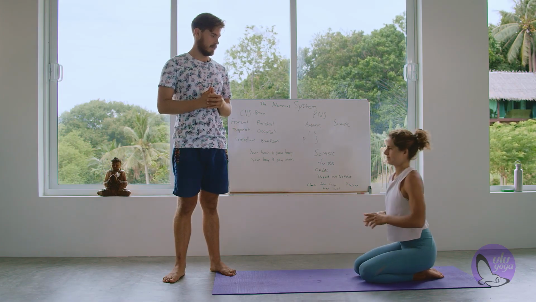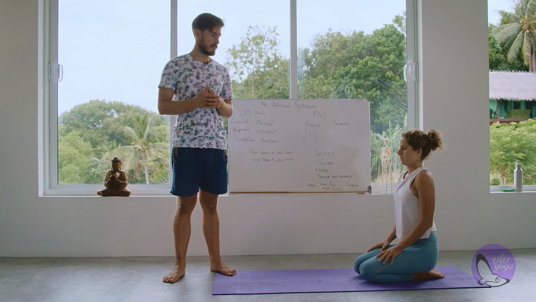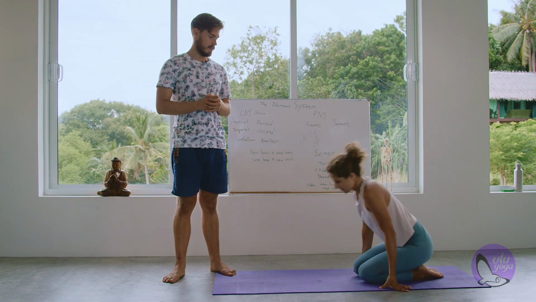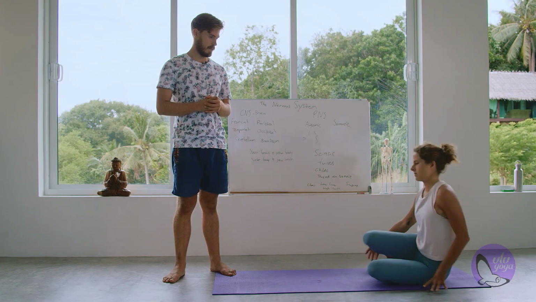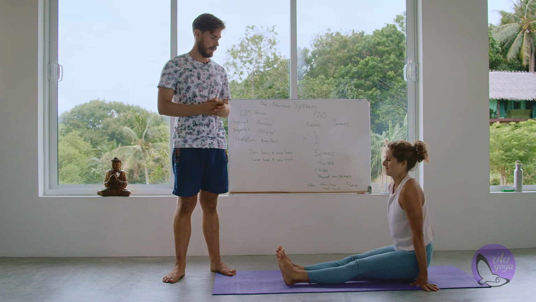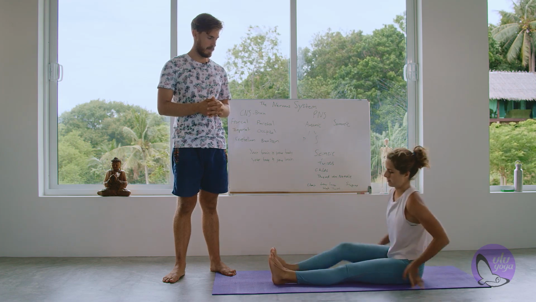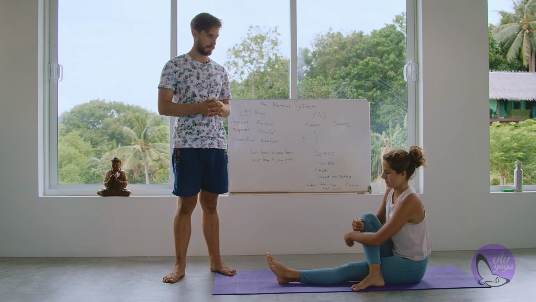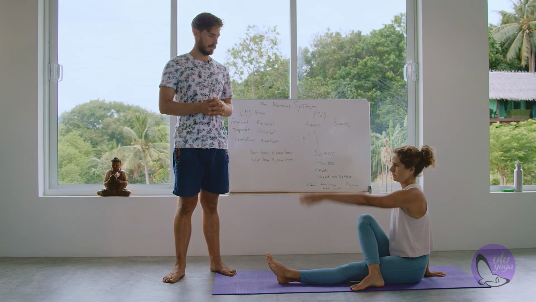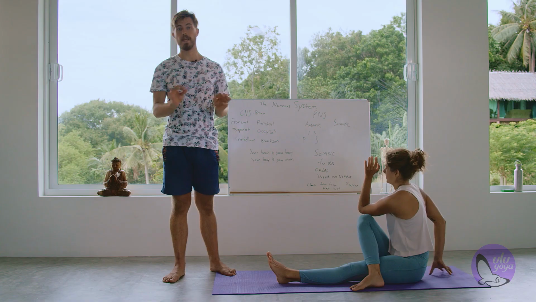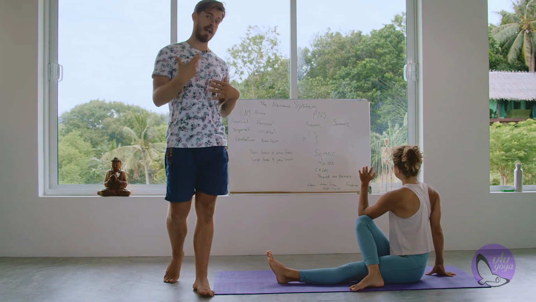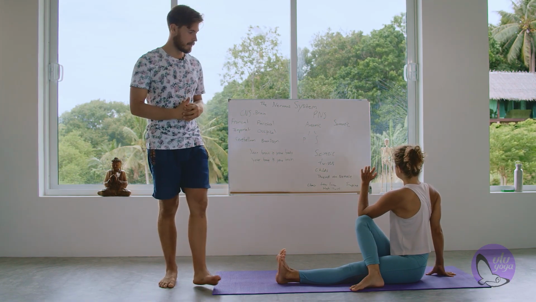Good. Breathe. All right, now we're going to go into a seated twist. Beautiful. Yeah, cross one leg over the other. Inhale. And exhale, twist. Deeper twist now because we're getting into more relaxed state, right? So now we're a little bit more relaxed.